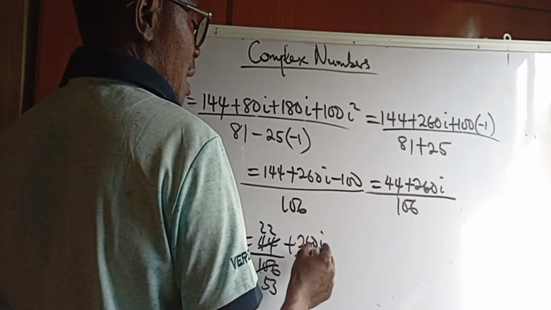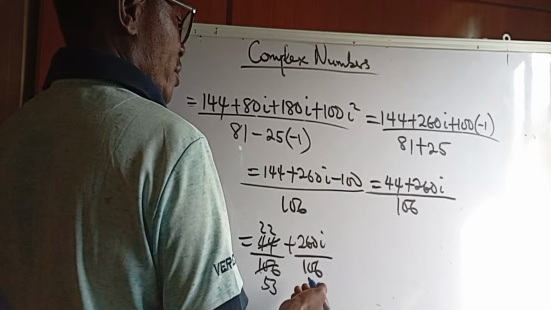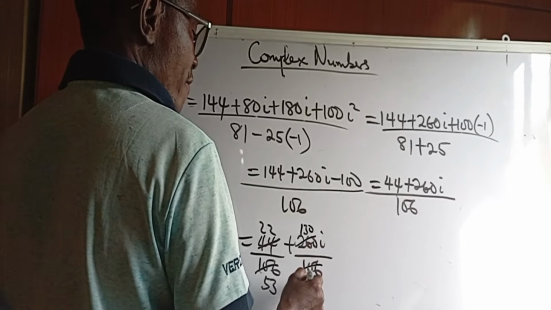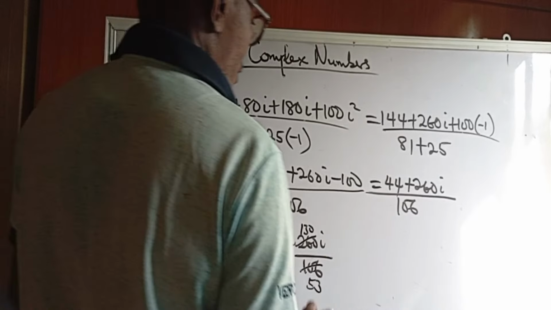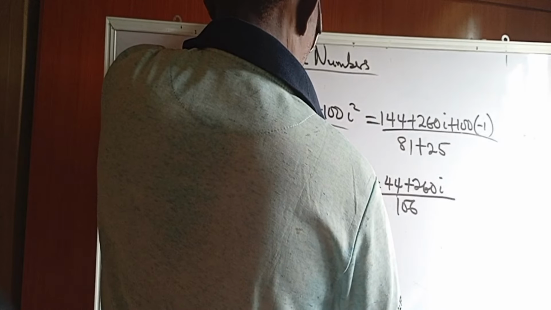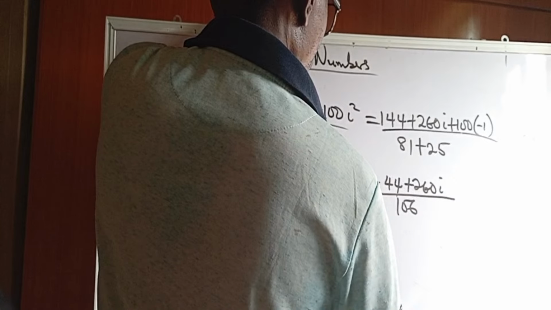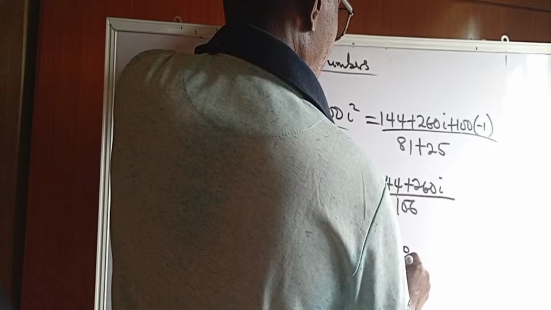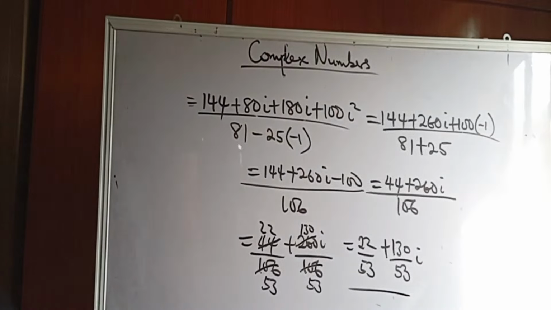Beautiful. 2 again: 2 into 260 is 130, 2 into 106 is 53. So we now have 22 over 53 plus 130 over 53i.